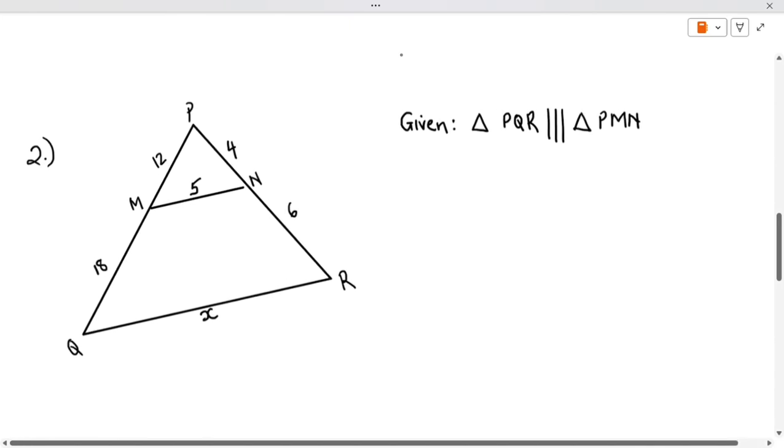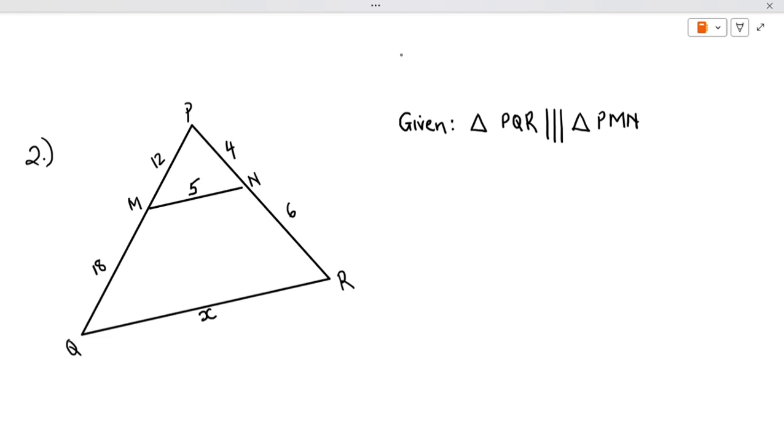Okay, so here you are also given that the triangles are similar. In this particular one, I would advise you, if you struggle to see the two, you can redraw them and say P, M, N, and then write the bigger one here.